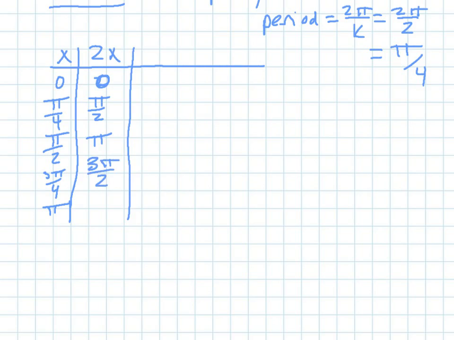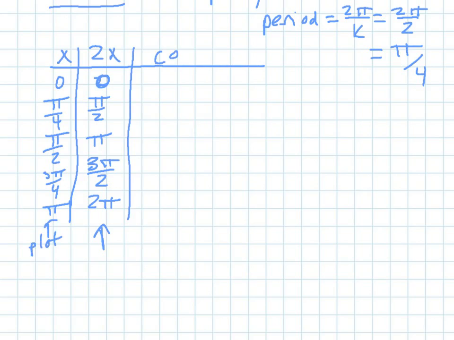And pi times 2 gives me 2 pi. Notice how these values are exactly the same as what we had before. That means I'll be able to get those nice values of 0, 1 all the way around the circle, but yet I have these x values to graph. So these are what I'm going to plot. These are just the values that come out after I multiply by 2.